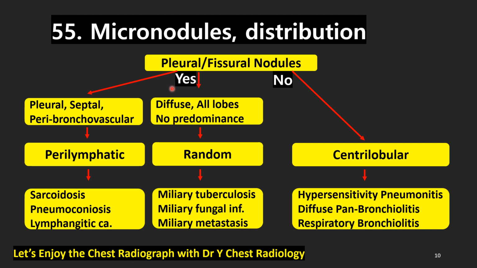This is the second most important slide, showing an algorithm approach to micronodules on thin section CT. We look for pleural, visceral, fissural nodules. If yes, there are two ways. One is if the nodules are pleural, septal, peribronchovascular, it is perilymphatic distribution, and the disease must be sarcoidosis or pneumoconiosis or lymphangitic carcinomatosis.